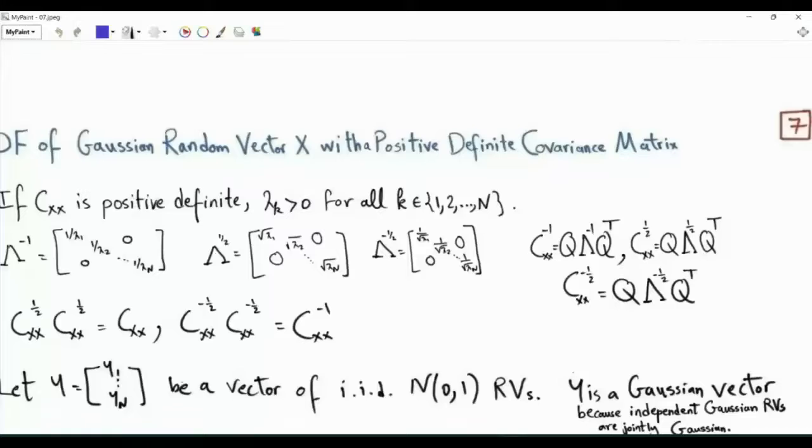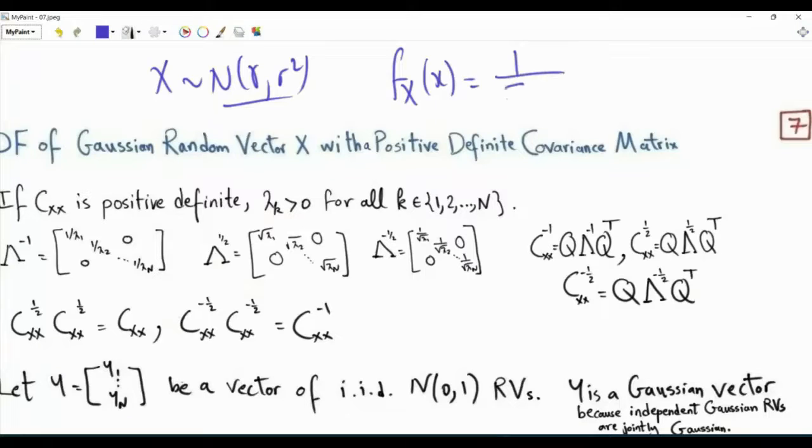We took it for granted that if X is Gaussian, we know its probability density function, that it looks like this: x minus the mean, squared, over 2 sigma squared. The question now is, suppose that we have a Gaussian vector, or a bunch of jointly Gaussian random variables, x1, x2, all the way to xn.